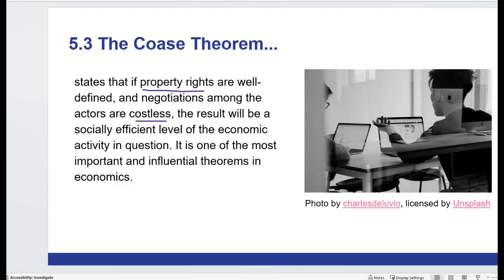So if something you're doing is negatively affecting me, then as long as it's relatively painless for us to get together and talk about it, then we can agree on some form of compensation in order to resolve it without counting on the government to intervene. So what could that look like?